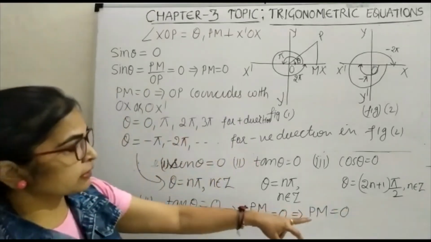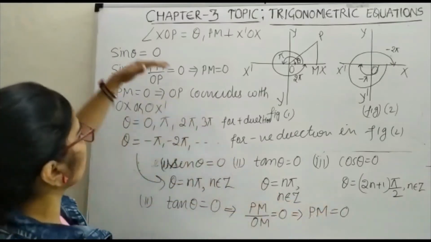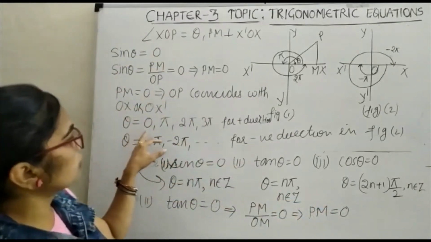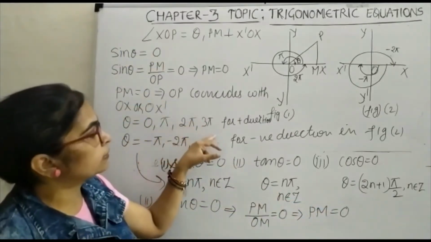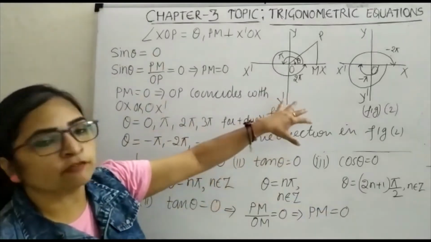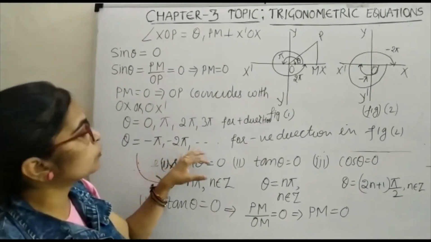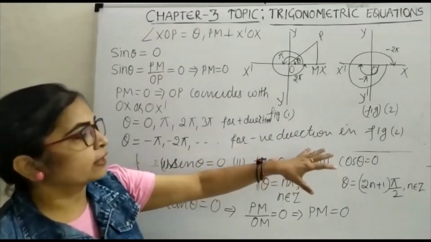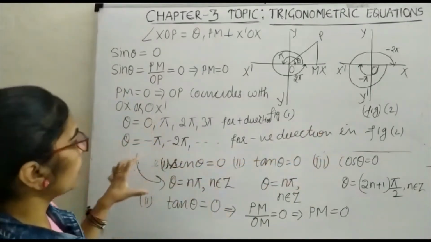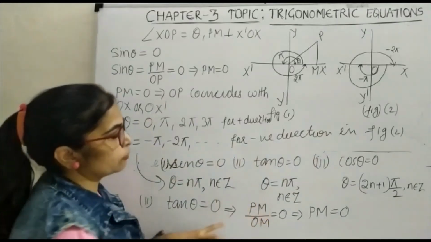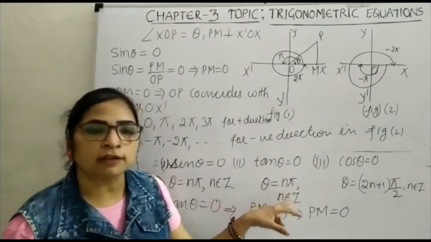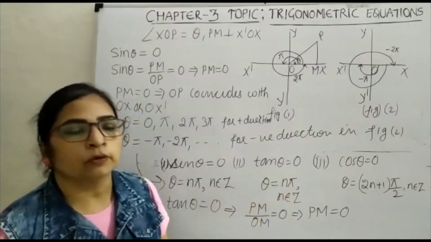Again we'll follow the same thing, that is theta is equal to 0, pi, 2 pi, 3 pi for the positive direction in figure 1, and theta is equal to minus pi, minus 2 pi for the negative direction in figure 2. When you combine these two, again we get the same result, that is theta is equal to n pi for n belonging to Z.